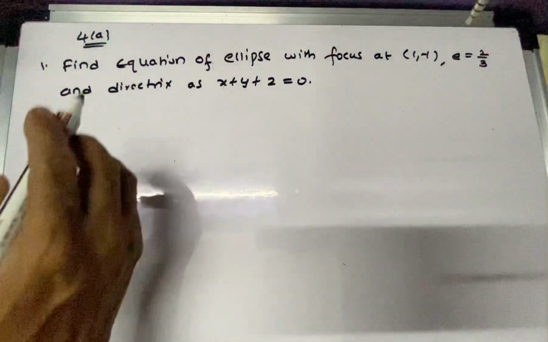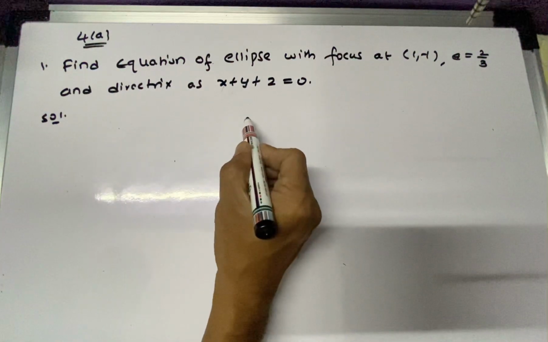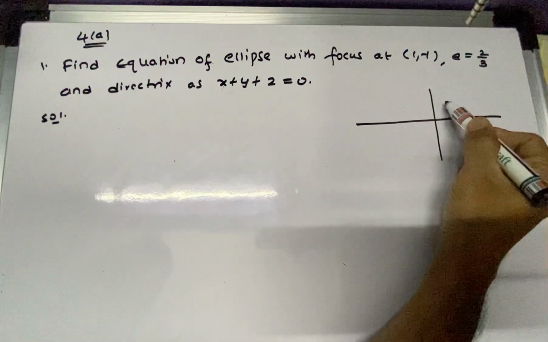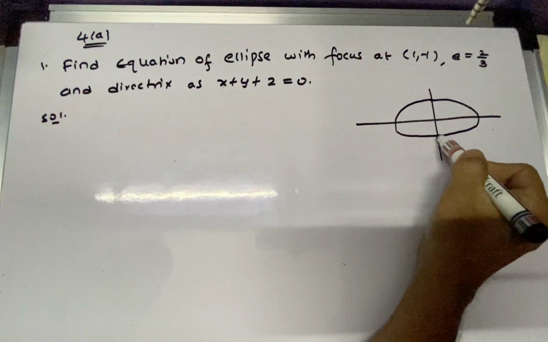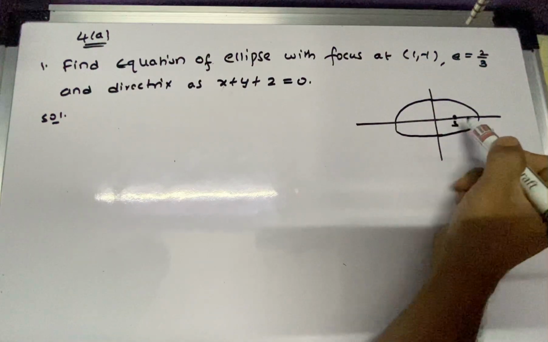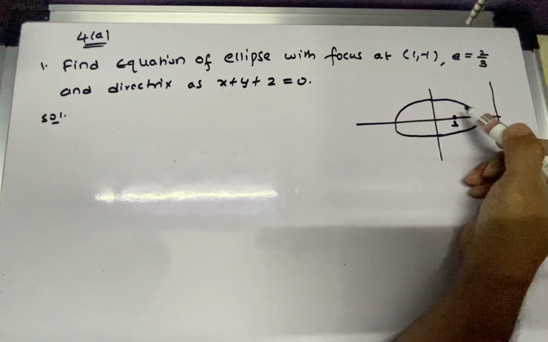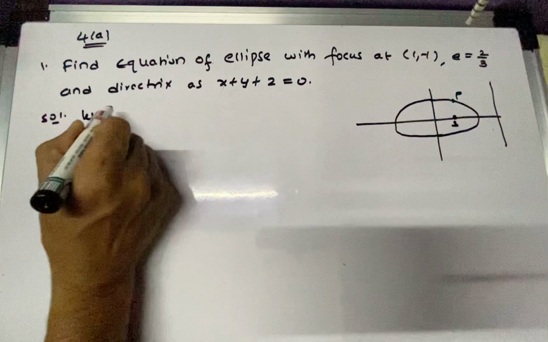Whenever focus and directrix are given to us, we can draw one ellipse. Focus is there, directrix is given. So we have to consider a point P on the ellipse.